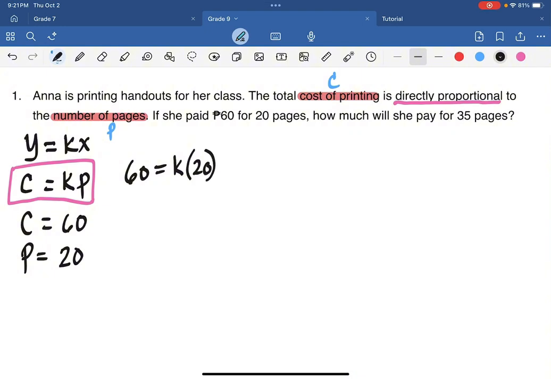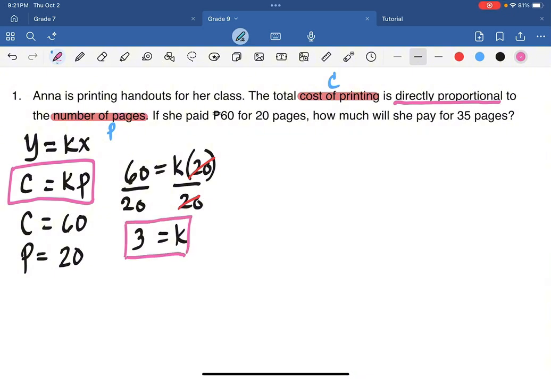Our k should have a coefficient of 1, so we divide both sides by 20. Cancel, cancel, and we are left with k. 60 divided by 20 is 3. So this is the value of our constant.